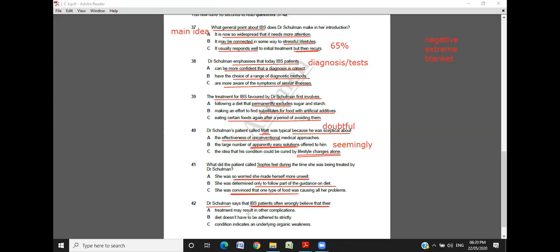Okay, so treatment may result in complications. Is it something that they believe? Diet doesn't have to be adhered to strictly, and it indicates an underlying organic weakness. Okay, so two conditions must be met here. One is that it should not be a fact, it should be a belief of people.